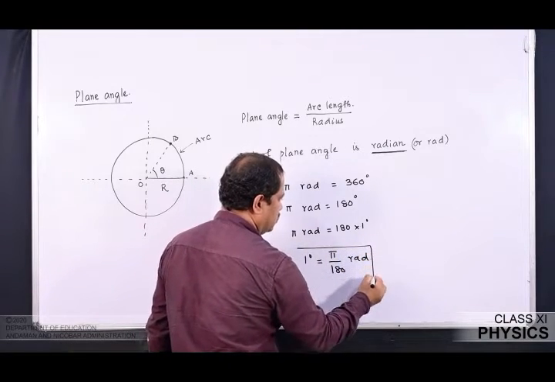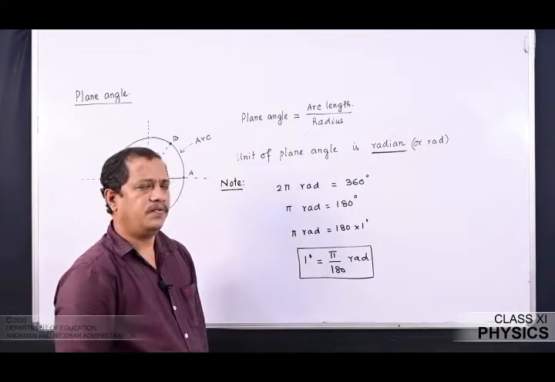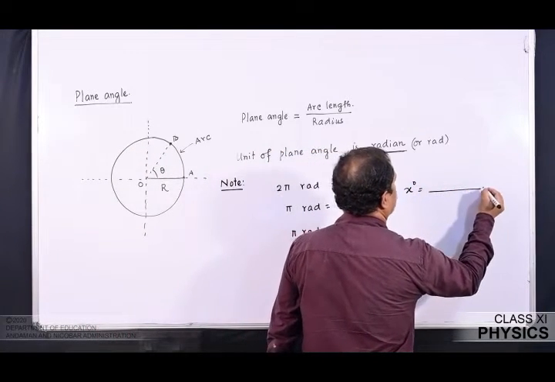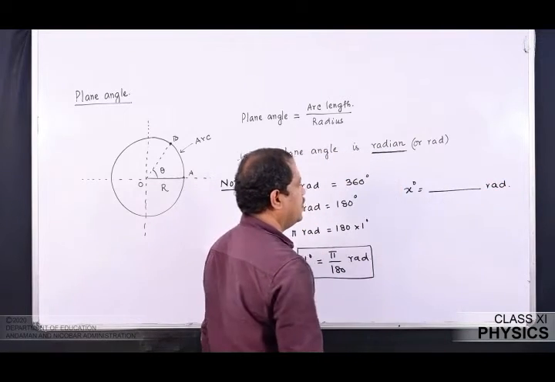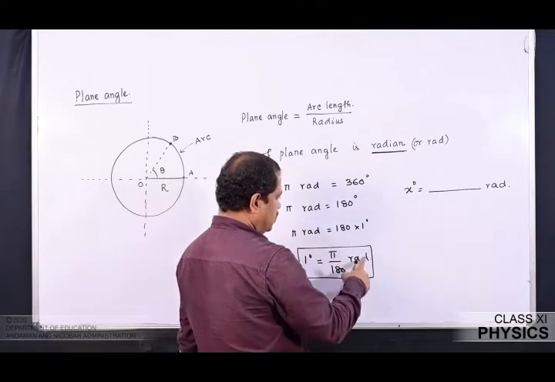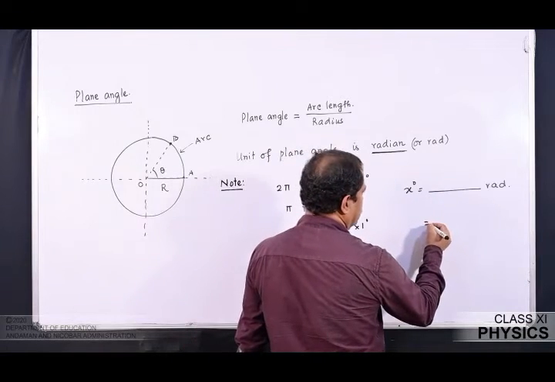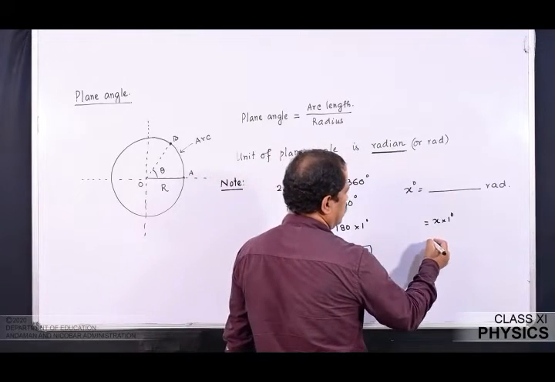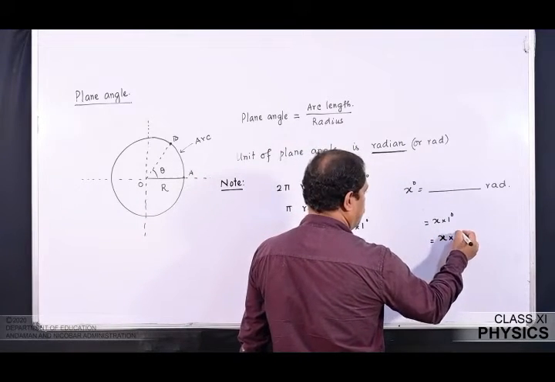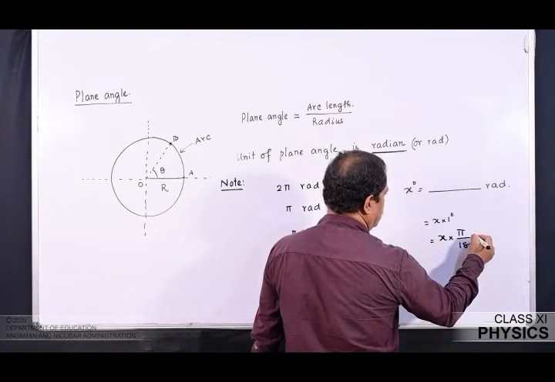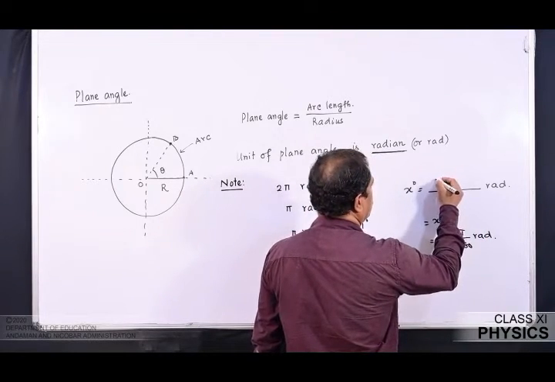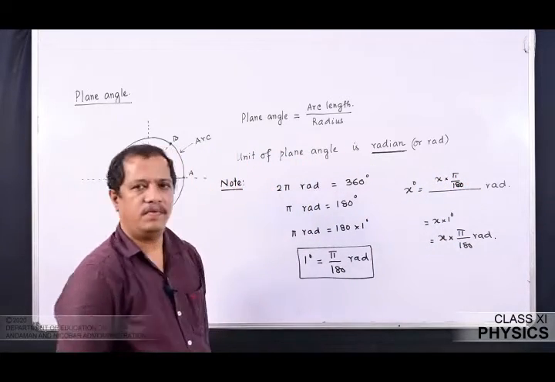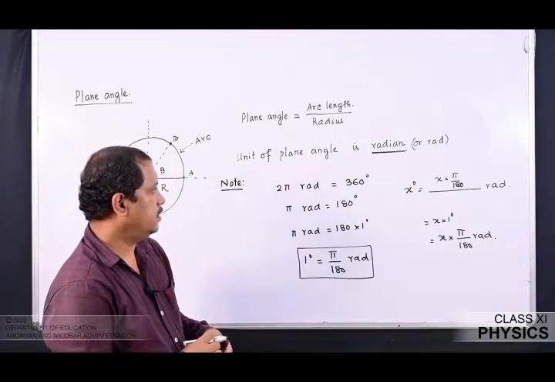If you are asked to convert, say, x degree into radian, I know that 1 degree is equal to pi by 180 radian. So, I am going to write x into 1 degree, which is nothing but x degree, which is x into pi upon 180 radian. So, my answer is going to be x times pi by 180 radian. This is how we will convert degree into radian.